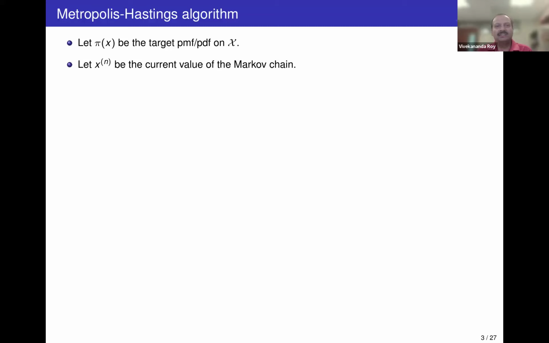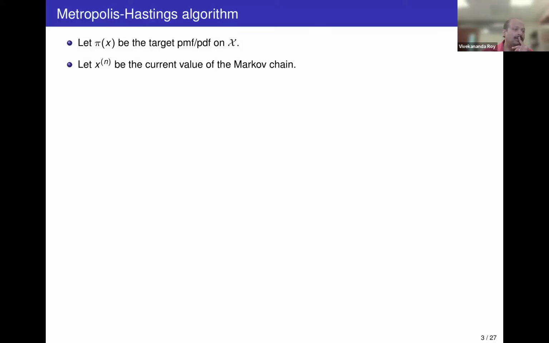So for the audience here, we don't have to be convinced that we often face a situation in statistics, machine learning, and many other areas where we have a target distribution, a target PDF or PMF, which I'm denoting by pi. So throughout my talk today, pi is the target PDF that you want to explore.